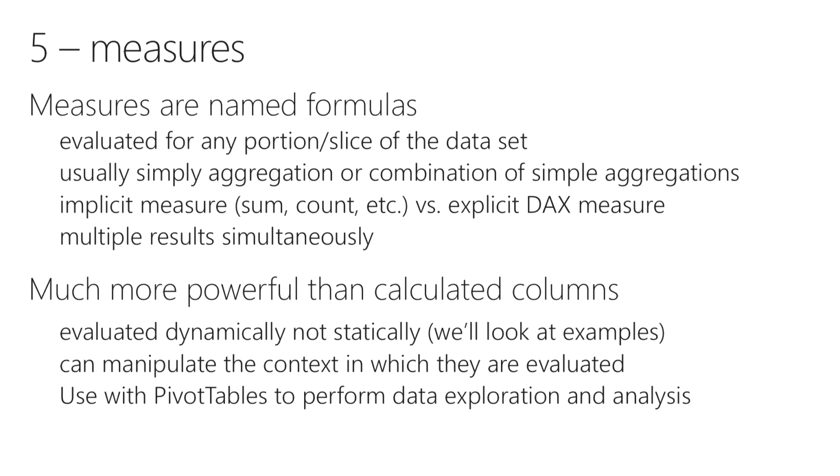However I slice it, if I slice it for 1 month, 1 country, 1 product group, whatever, you want the measure to deliberately return something. That something might be a blank, it might be a 0, but you want it to return something so that the measure, when you drag it into a pivot table, will work for all rows and all columns. That's the idea. The best measures are usually just simple aggregations or combinations of simple aggregations.